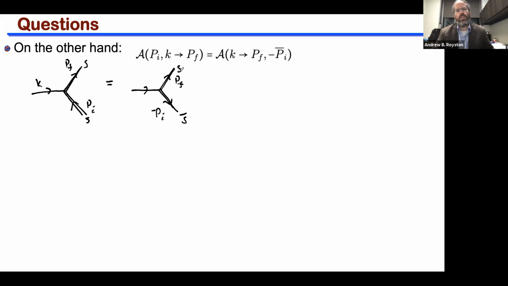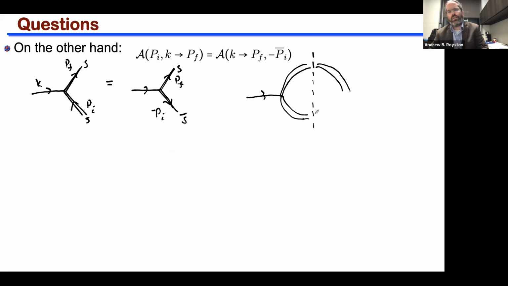And that amplitude for the pair creation determines the leading contribution of virtual soliton-anti-soliton pairs to perturbative processes, like the propagator for the ordinary particle.